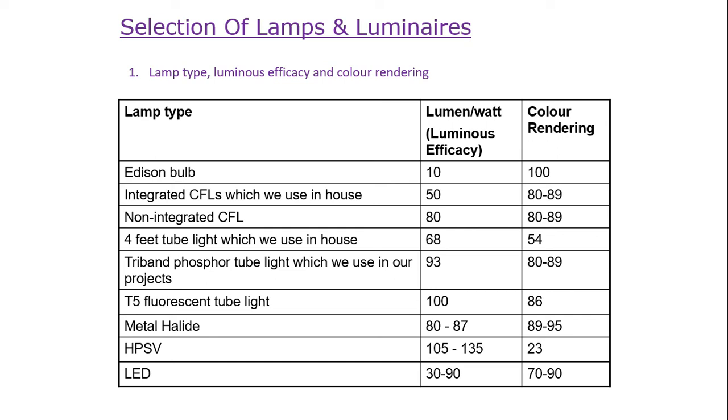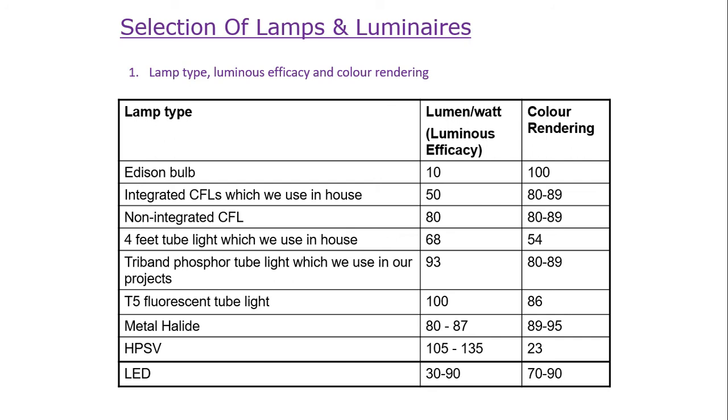Tri-band phosphor tube light, which we used in earlier projects, had a luminous efficacy of 93 and a color rendering index of 80 to 89. T5 fluorescent tube lights, 5 feet tubes, had a luminous efficacy of 100 with a CRI close to 86.